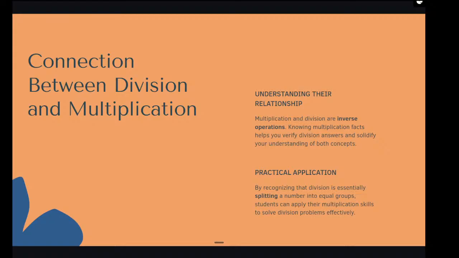Knowing multiplication facts helps you verify division answers and solidify your understanding of both concepts. Practical application. By recognizing that division is essentially splitting a number into equal groups, students can apply their multiplication skills to solve division problems effectively.